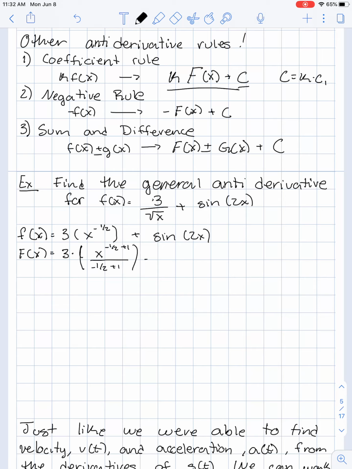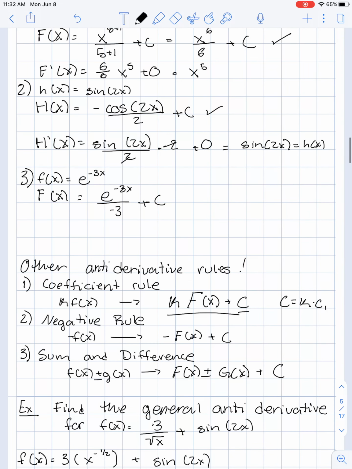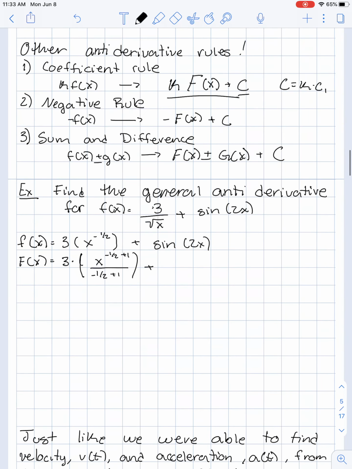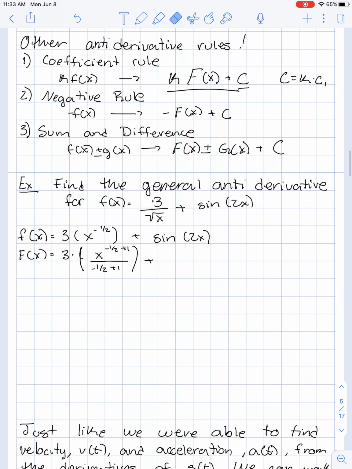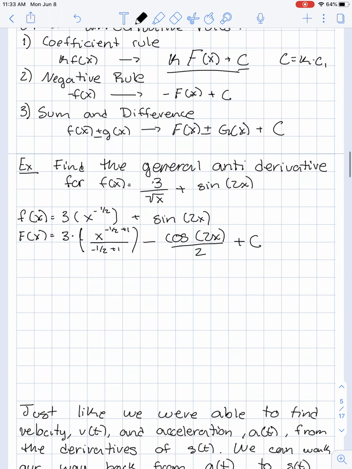And then we actually already did the antiderivative of sine of 2x. Let's scroll up and find that. It was negative cosine 2x divided by 2 plus c. So we can erase that plus, make it a negative cosine 2x divided by 2 plus c. So now let's simplify a little bit.